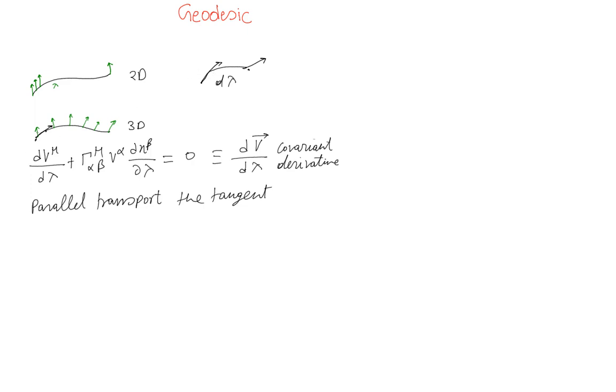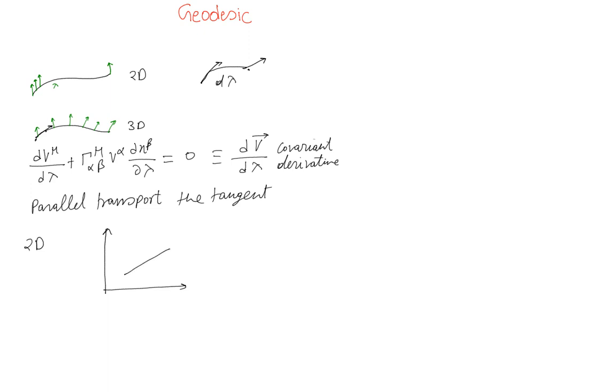Now this will not happen for any curve. You can parallel transport any vector along any curve given it's smooth, but it will never happen for any curve that the tangent, when parallel transported by d lambda, stays parallel to its initial tangent. It's going to happen only for certain types of curves. For example, in 2D, we all know what kind of curve will satisfy this kind of condition.